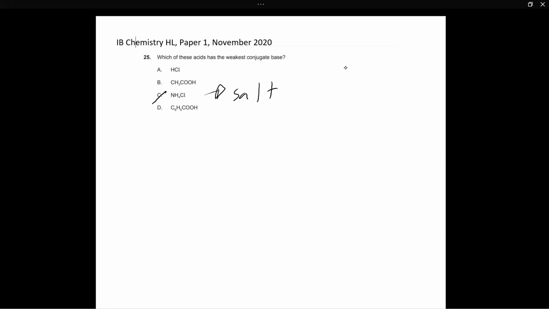Now, out of the other three options, they all look quite convincing. Any of them could be it. But if you do know your acids and bases well, you will know that the conjugate base is the strongest for an acid which is the weakest. So what I mean to say is, the weaker the acid, the stronger its conjugate base.